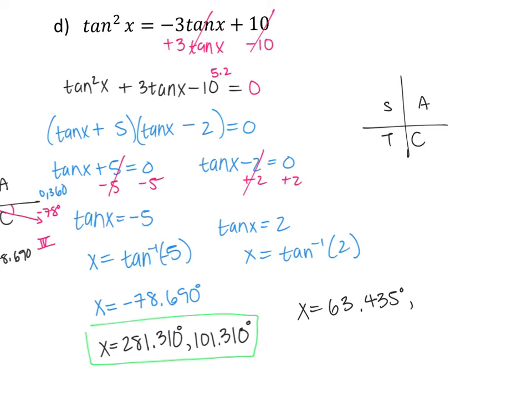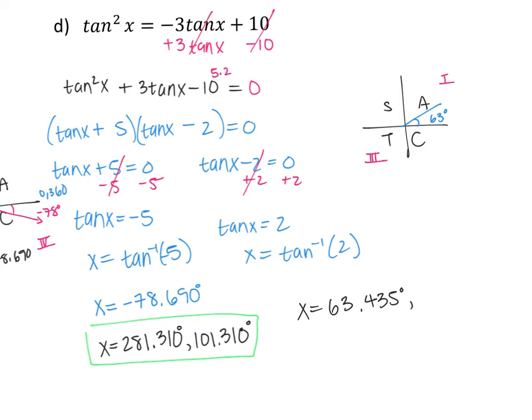And so if I were to draw a coordinate system, all students take cash. I have a positive 2 as a tangent value, so I need the first quadrant and the third quadrant if I want positive tangent values. So I have a positive tangent value here in the first quadrant for about 63 degrees.